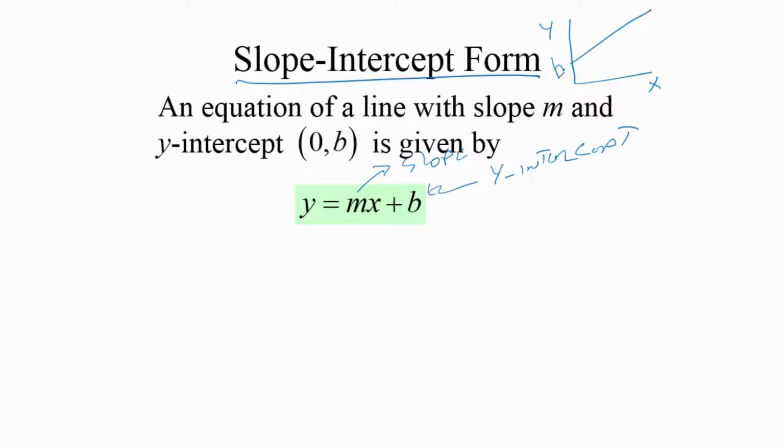So that is b. So the equation of a line with the slope m and the intercept at 0 and b, where 0 means x is 0, right? So that's basically this point. This point has coordinates of 0 and b.